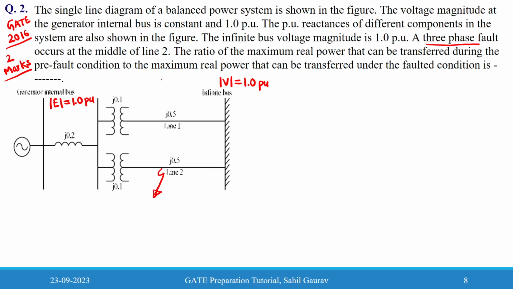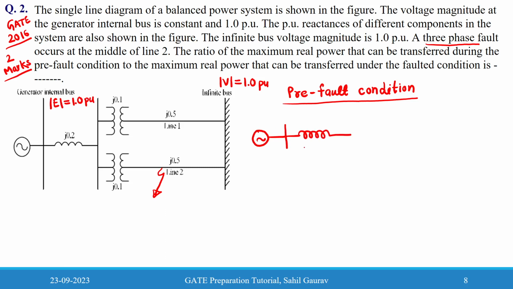First we will make the reactance diagram for the pre-fault condition. So how does the reactance diagram look? Here xg is j0.2 per unit.